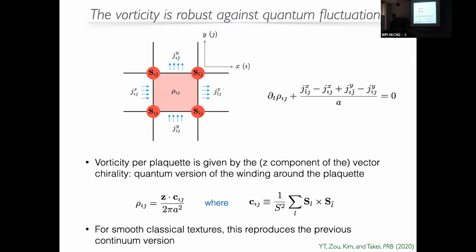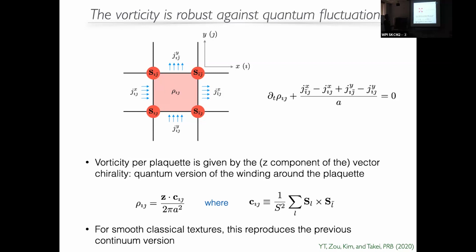A more fundamental theory looks a bit different from the way I've told you so far, but at the most fundamental level, it turns out there is nevertheless a continuity equation. That continuity equation is constructed for vorticity, the most basic microscopic vorticity defined per plaquette of a larger two-dimensional lattice.